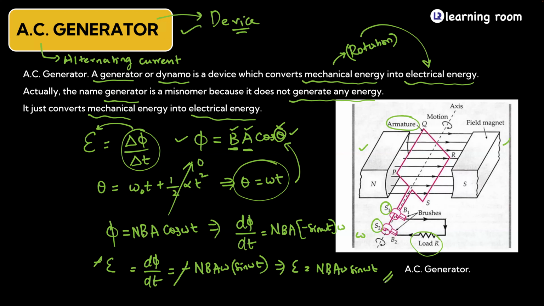And let me explain it. This E is equal to NBA omega sine omega t is what is called as the alternating voltage.